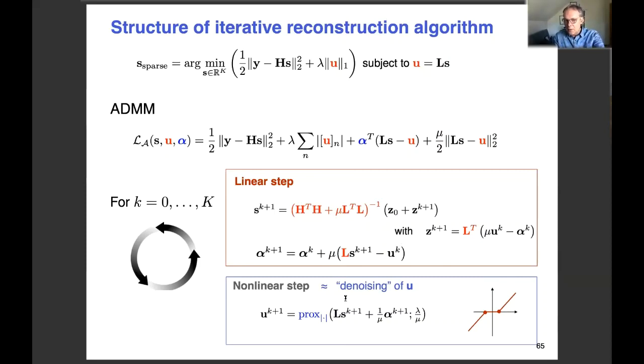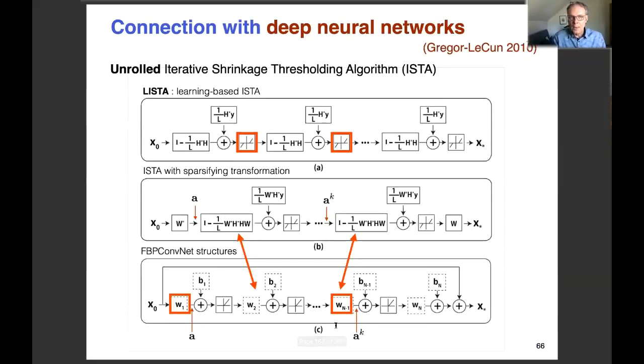So this algorithm in fact has the structure of a deep convolutional neural network: a convolution followed by pointwise nonlinearity. And LeCun and others saw this connection pretty early on. They had the idea of unrolling an iterative shrinkage thresholding algorithm or ADMM algorithm.